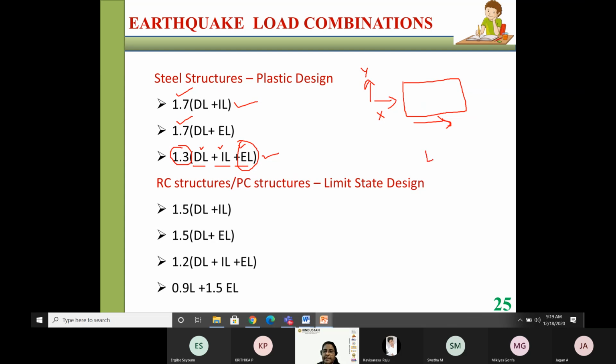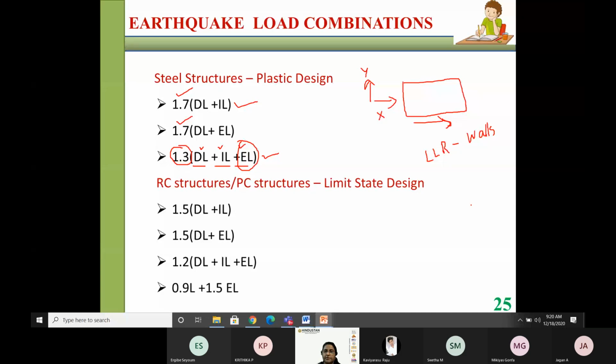If you have lateral load resisting elements, we call them LLR elements. Lateral load resisting elements are nothing but your walls. Any vertical member which resists the horizontal force is called a lateral load resisting element, because earthquake comes in a horizontal direction.